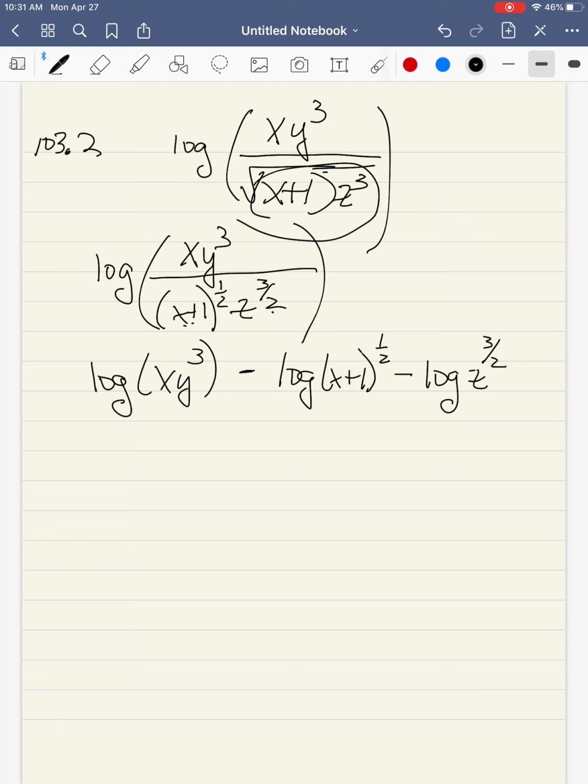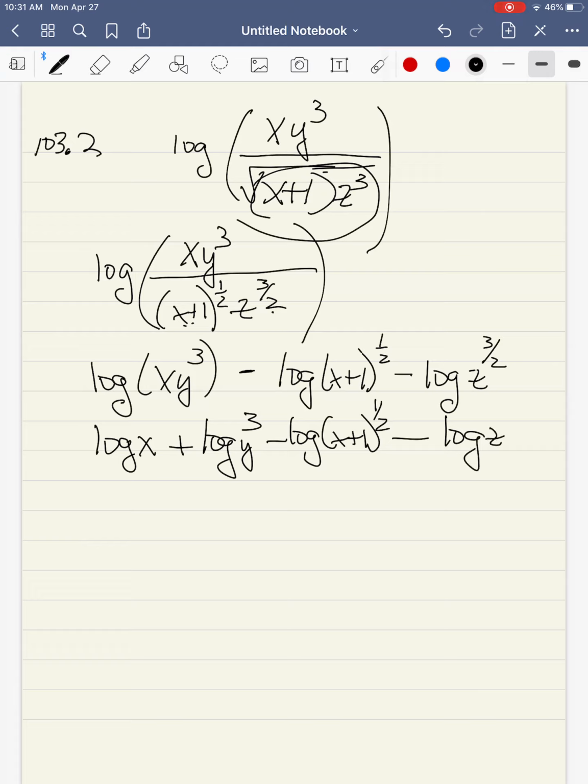And then remember, these are multiplied, so this is going to be log of x plus log of y cubed. And then finally we'll remember that the exponents come out in front as powers.